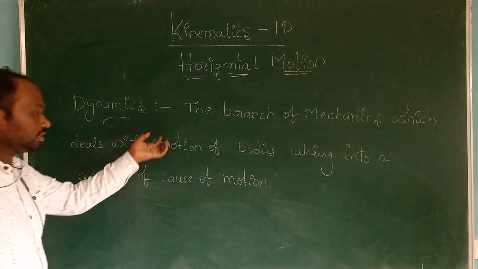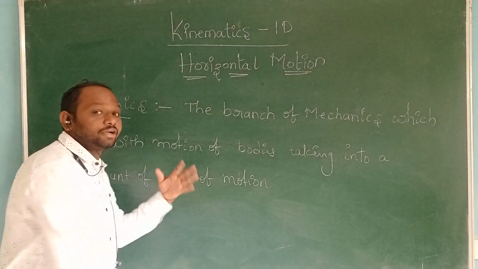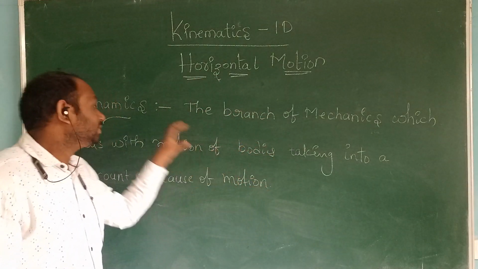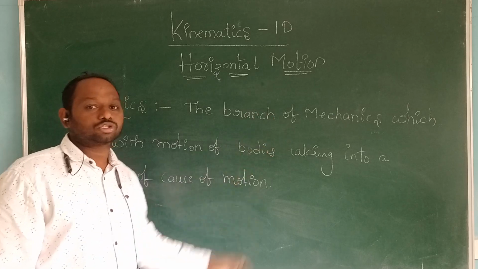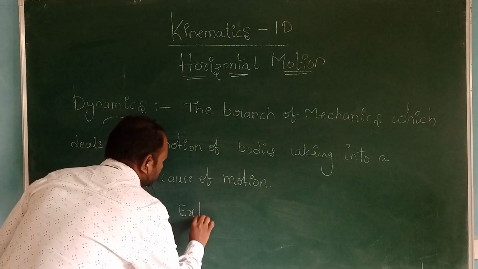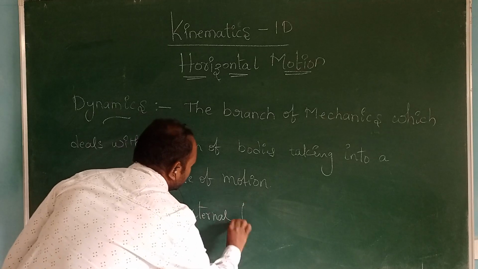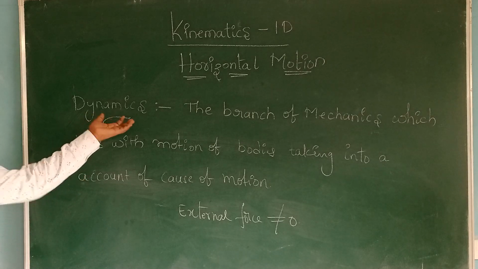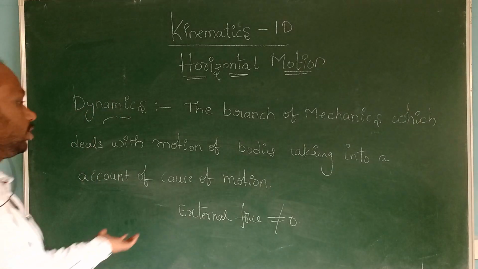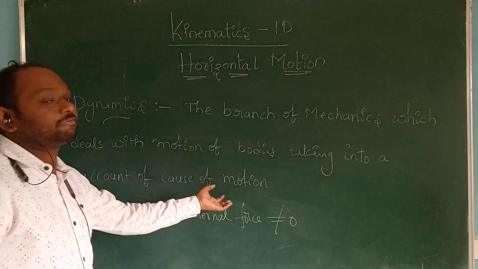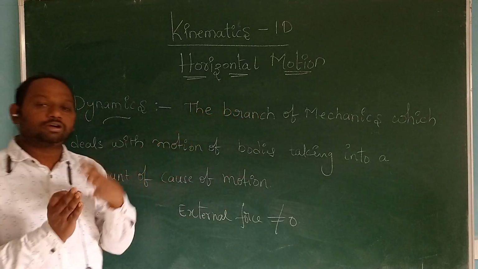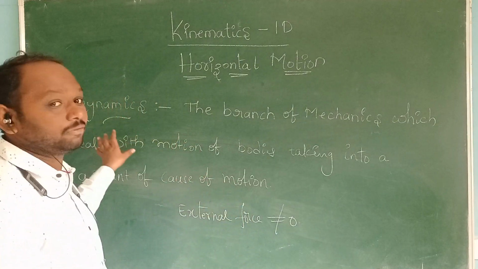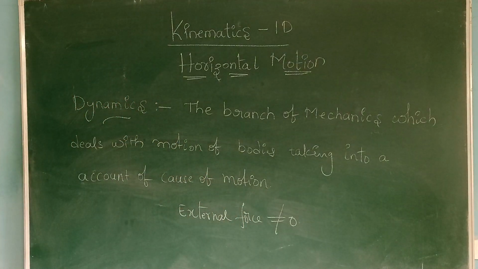In the previous definition, external force is 0. Here external force is not equal to 0. In kinematics, external force equals 0. Here in dynamics, in this condition, external force is not equal to 0. Some external force is there. In kinematics it is without cause of motion, here dynamics is with cause of motion. Only a little bit changes. Don't get confused. These two terms are very very important.